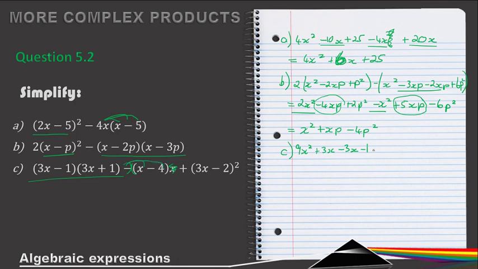So this becomes negative x squared plus 4x. And then squaring this out, we have plus 9x squared. Multiply together is 6. Multiply with 2 is negative 12x. And then plus 4. So like terms are these. And these are the ones that contain x.